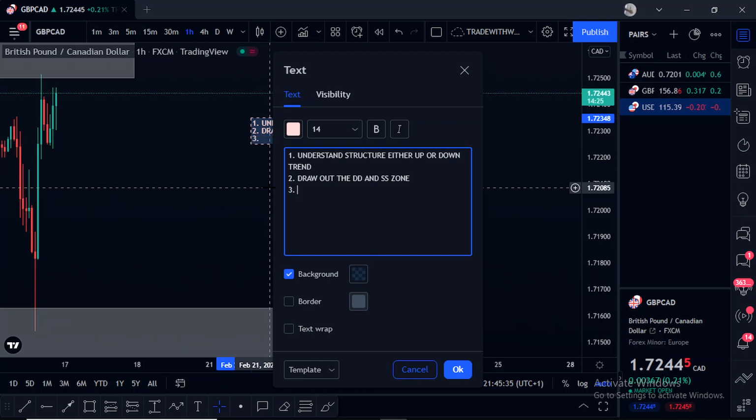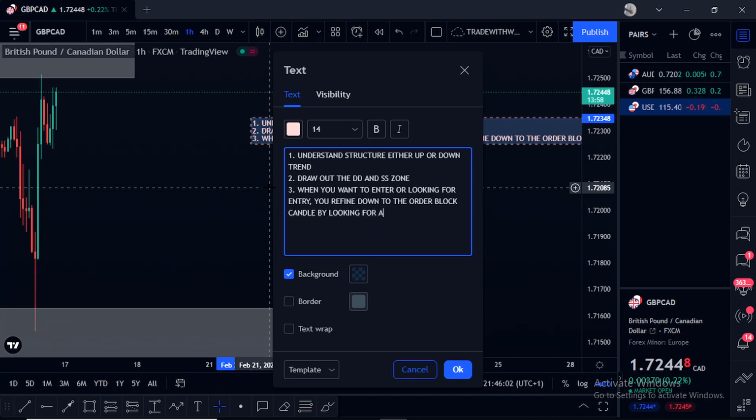Then thirdly, when you want to enter, that is when you are looking for entry, you refine down to the order block by looking for a break of structure or imbalance.